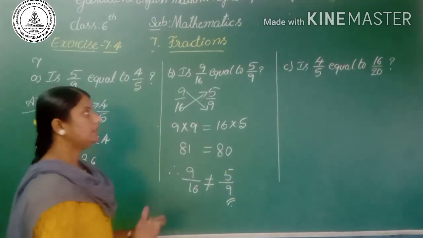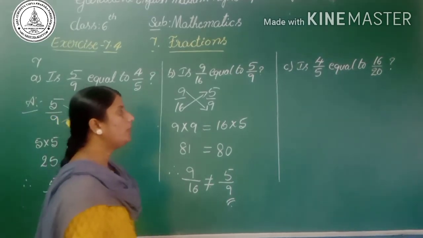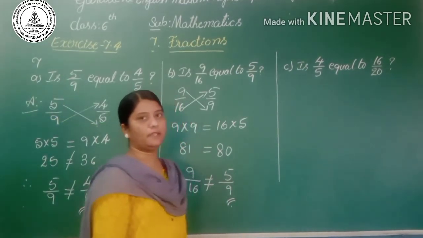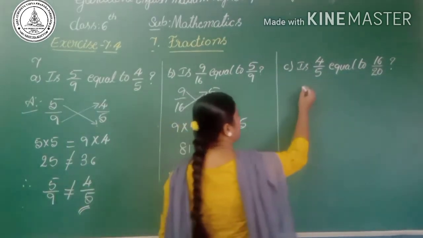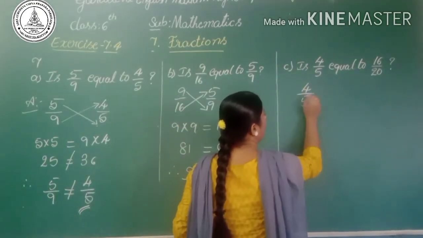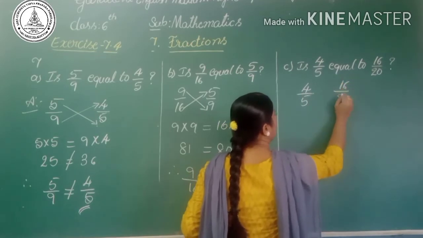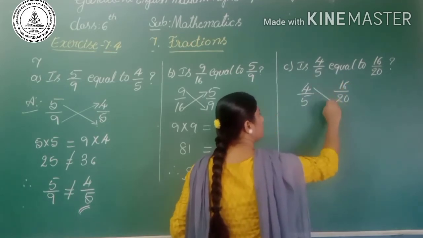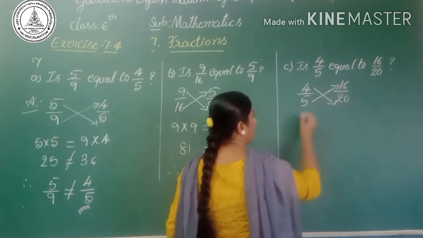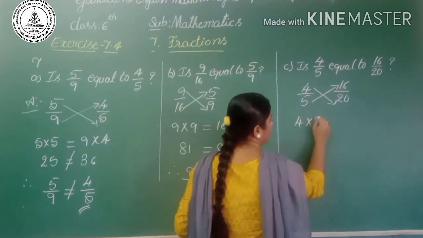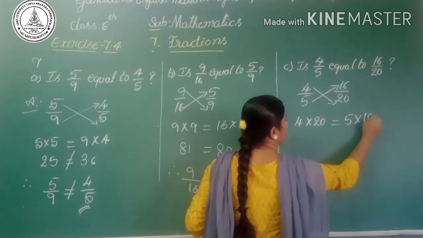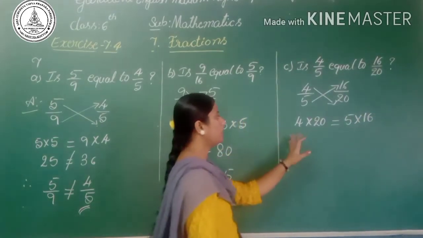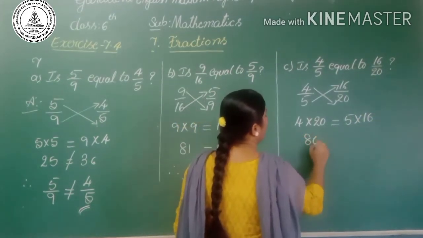Then the third one is 4 by 5 equal to 16 by 20. Let's do here. First write the given fractions 4 by 5 and 16 by 20. Let's do the cross multiplication here. 4 into 20, which is equal to 5 into 16. 4 20s are 80.